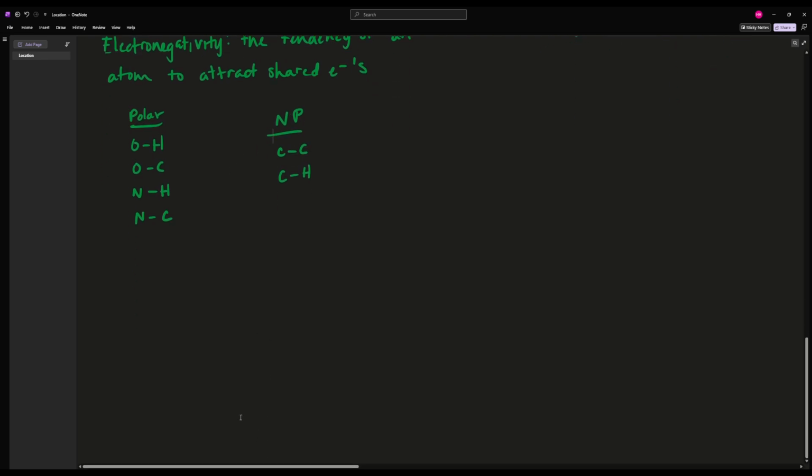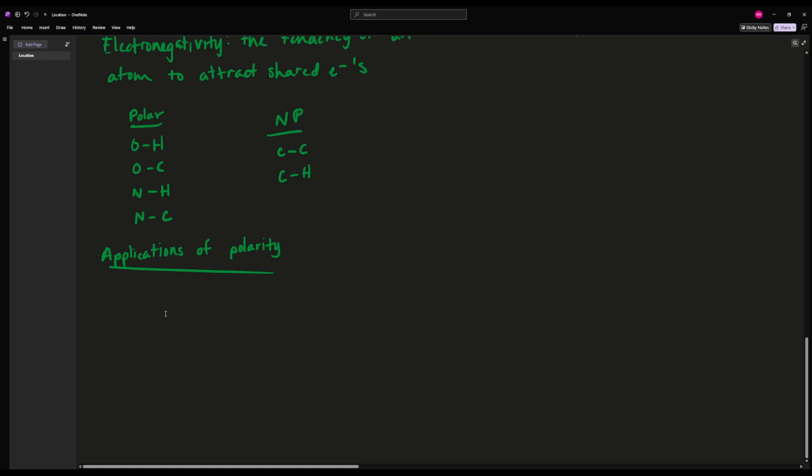All right, so we've now been able to identify polar and non-polar bonds. And now we want to look at the applications of polarity. And we have two primary ones. Applications of polarity.